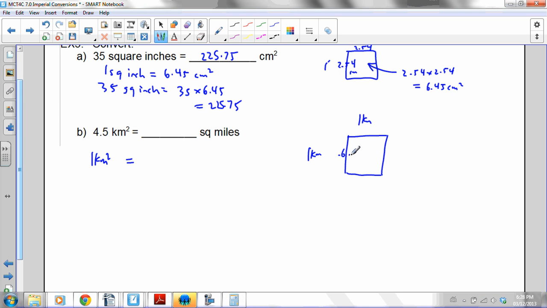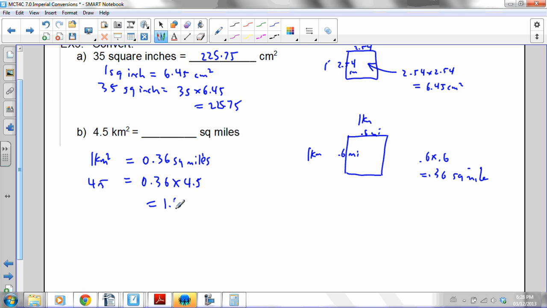So if that's 0.6 miles, and this is 0.6 miles, what's a square kilometer? It's 0.6 times 0.6, which is 0.36 square miles. So a square kilometer is 0.36 square miles. And so if I wanted 4.5 of those, I multiply that by 4.5, and I get my answer, which is not very many square miles. 1.62 square miles.